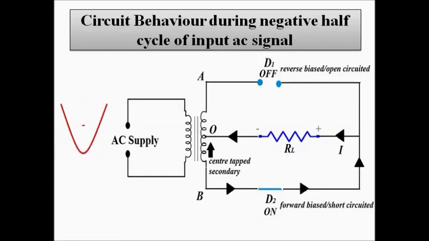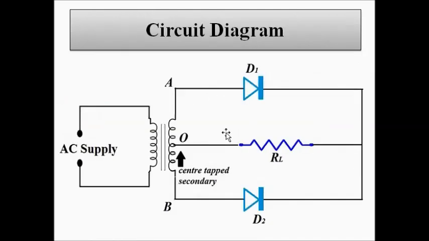Next, during the negative half cycle, the polarities are interchanged. B becomes positive, A becomes negative. Now, the P-type end of D1 is connected to A, which is negative, and the P-type end of D2 is connected to B, which is positive.